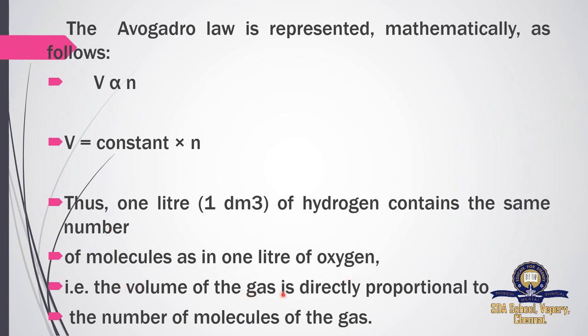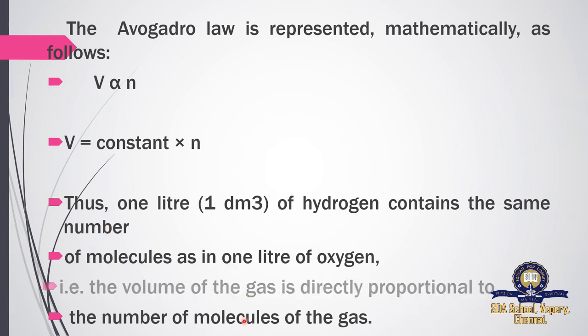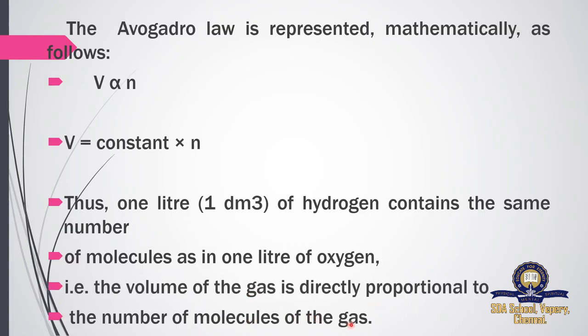The volume of the gas is directly proportional to the number of moles of the gas. So how much volume it occupies depends on the number of molecules. So Avogadro's hypothesis we can represent as V equal to constant into n. That is the mathematical derivation of what we studied previously.